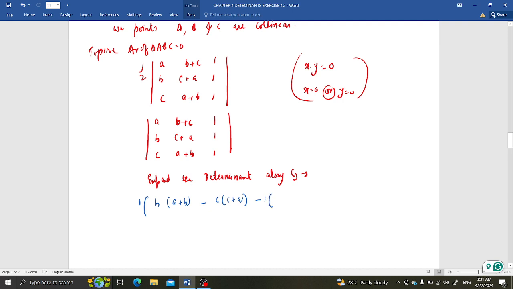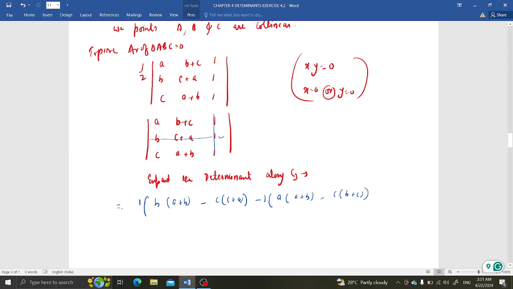This is the minus 1 position, so for that we have a into a plus b minus c into b plus c, because along this one we need to remove this row and column.